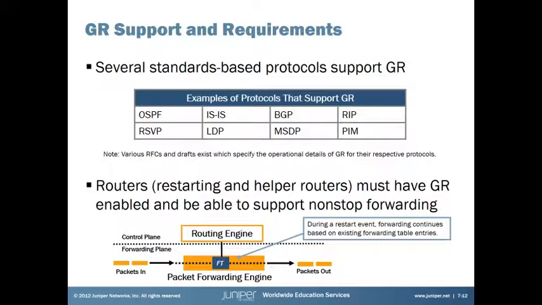So we've got restarting routers, which is the one that's restarting, and helper routers are the other routers around it, must have graceful restart enabled and be able to support non-stop forwarding. So here we have a little diagram, our routing engine, and there's our packet forwarding engine, separate. So our interfaces are up, our packets are still going in, they're still getting happily forwarded through our packet forwarding engine, and our routing engine is going through its restart, no problem.